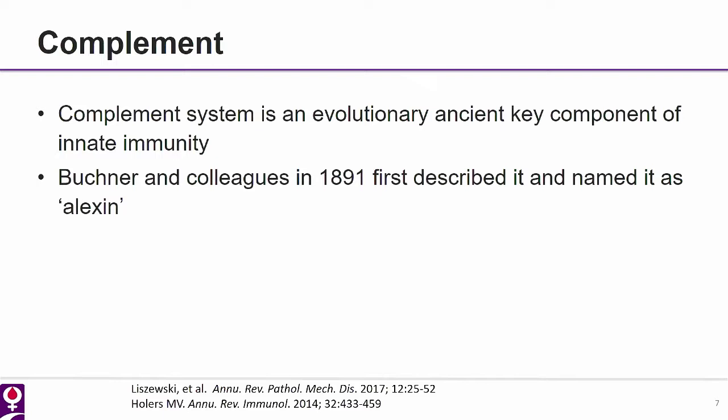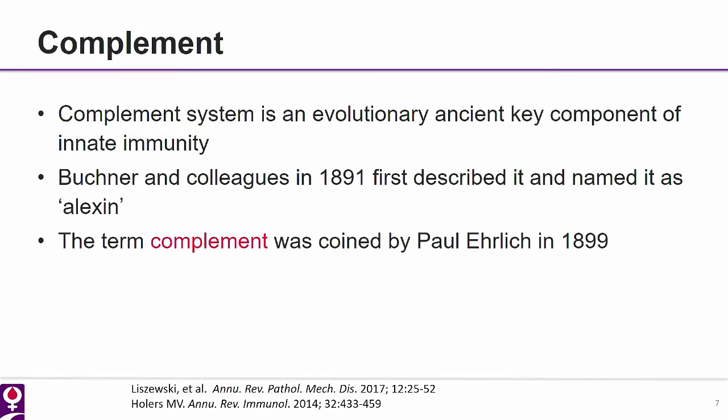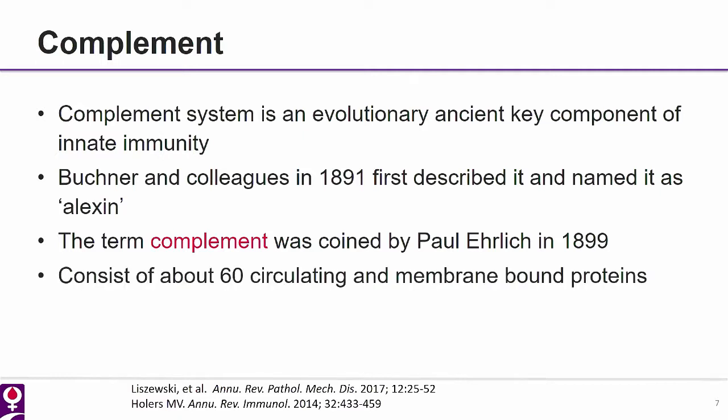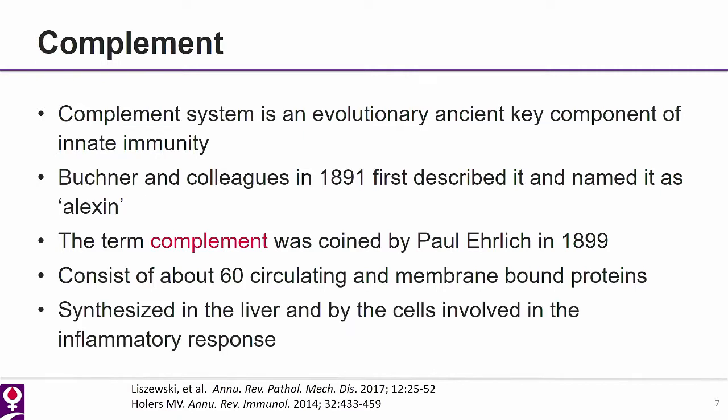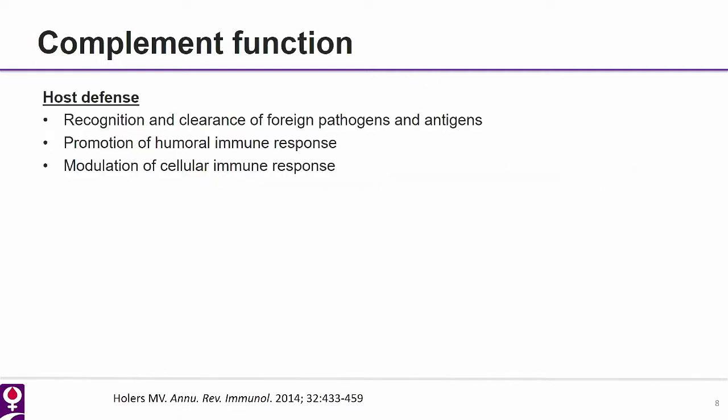And the first time they coined a term called alexin. So alexin is a Greek word that means to ward off. And later in 1899, Dr. Paul Ehrlich picked the term complement. So complement consists of about 60 circulating and membrane-bound proteins, and these proteins are mainly synthesized in the liver and by the cells involved in the inflammatory response.